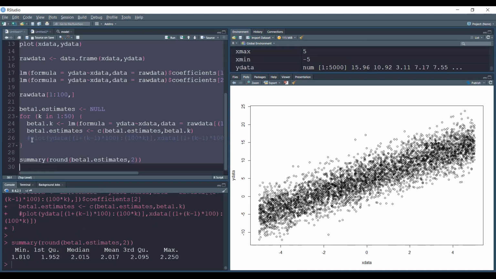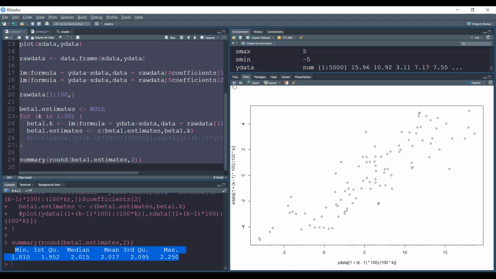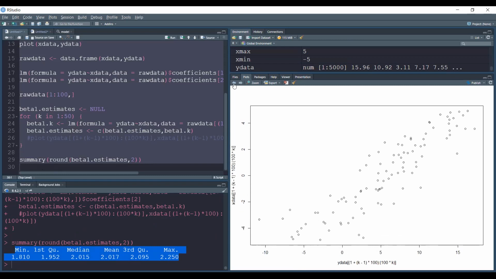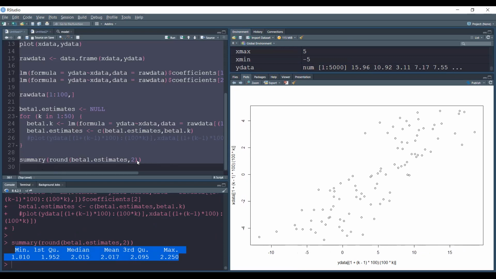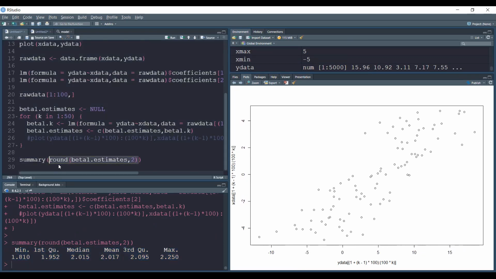And running the whole thing does what? It's given us this summary for each beta 1. Beta 1 is the slope. We've calculated 50 betas. You can see them over here.